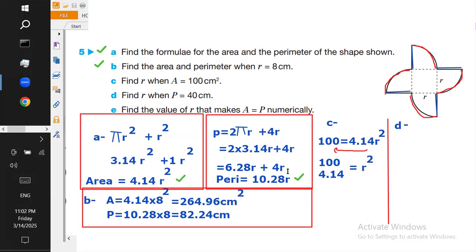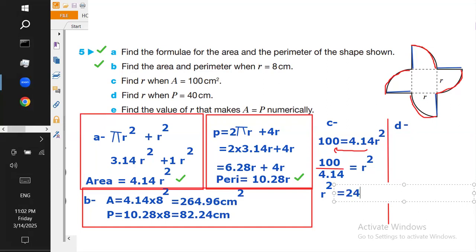Okay. Now I'm going to do the division part. So 100 divided by 4.14 gives me r squared. This means that r squared will equal 100 divided by 4.14.